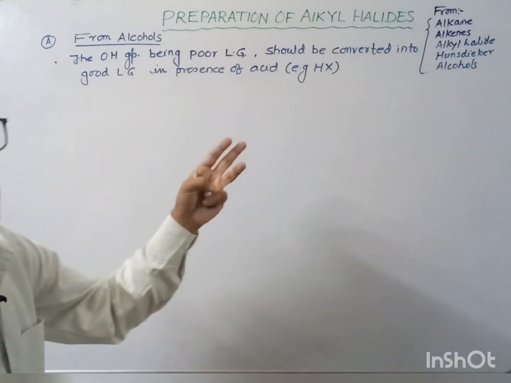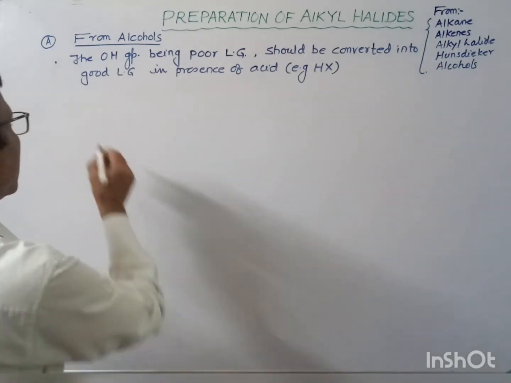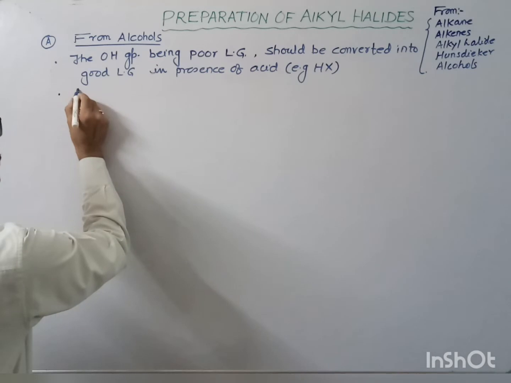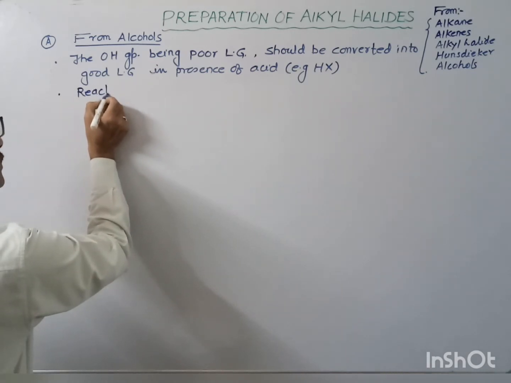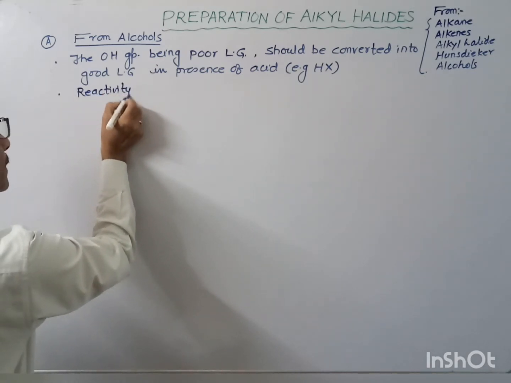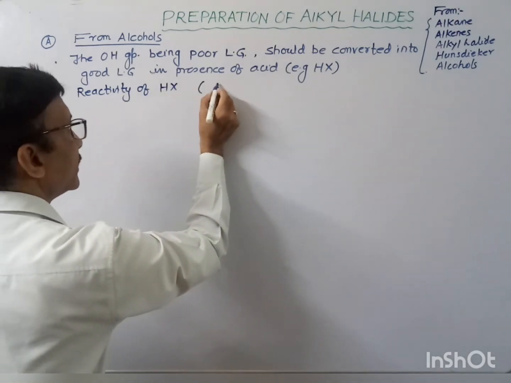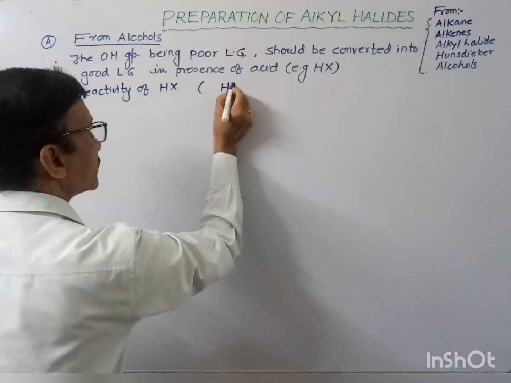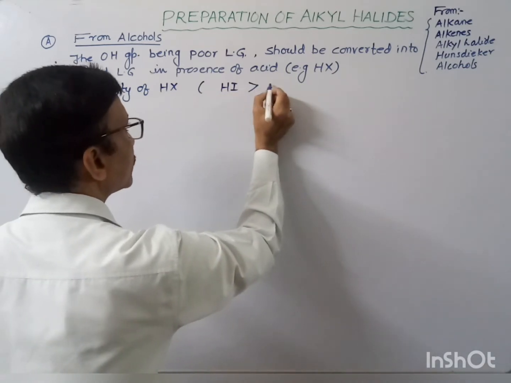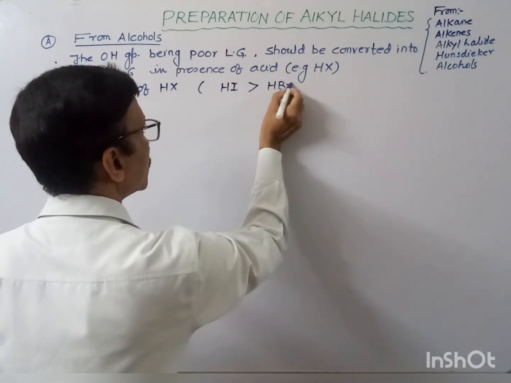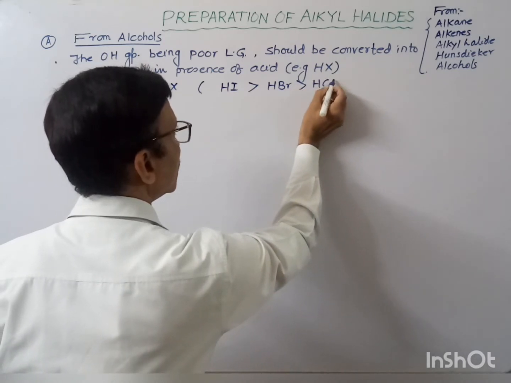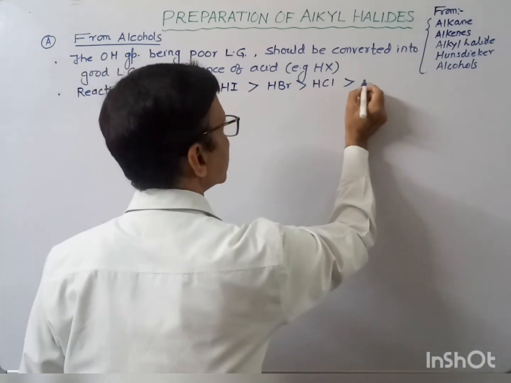The reactivity of the hydrogen halides is in the order HI being the most reactive, then HBr, then HCl, and then HF.